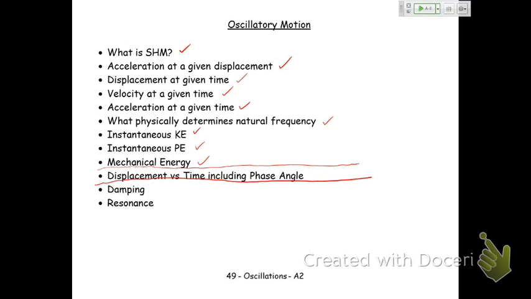I'm not going to make you do the differential equations. We're going to be a bit more conceptual at that point. If you have done differential equations, you can look at it and say, oh, that's great, but I'm not going to ask you a question about doing the differential equations. So you get a bit of a preview of what differential equations are useful for, but you're not held accountable for that. So we'll talk about damping and resonance.